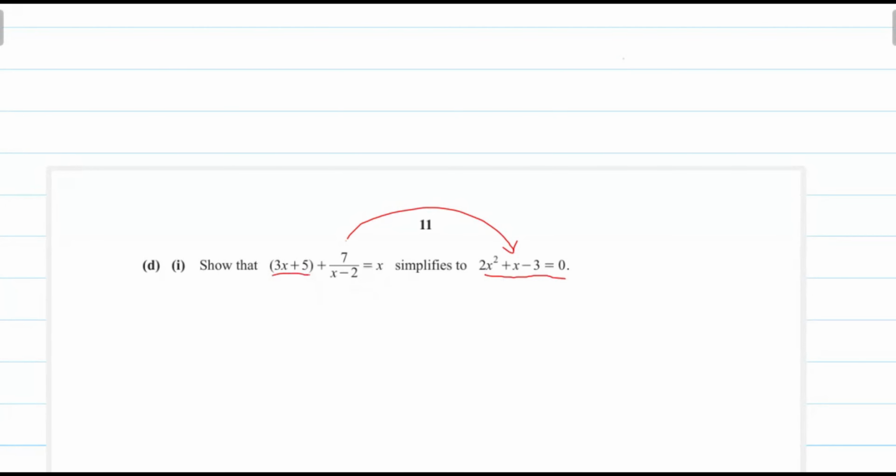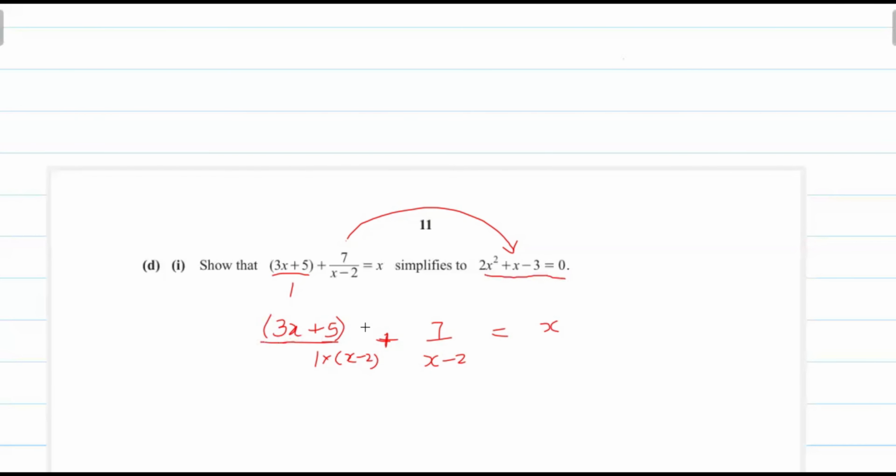First step, we write the equation 3x plus 5 over 1 plus 7 over x minus 2 equal to x. When we add the two fractions, we make the denominator the same. Therefore, we multiply the first fraction's denominator by x minus 2.